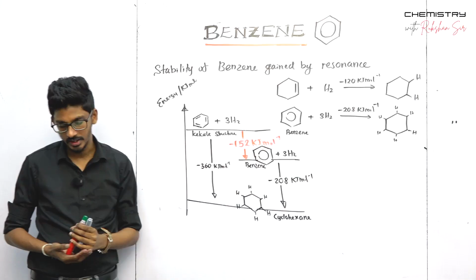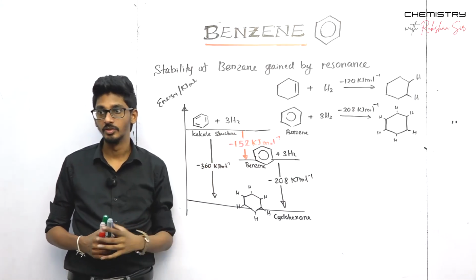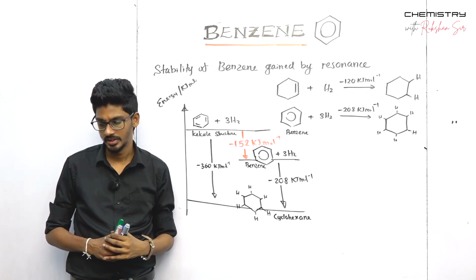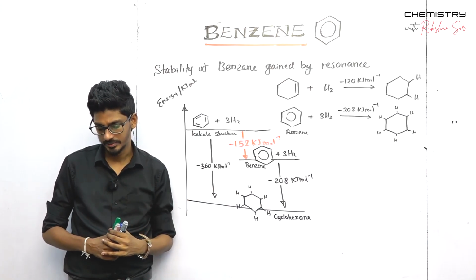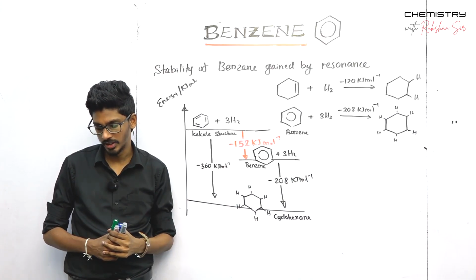The thing is there in your note. Just go to page number 29. At the bottom they said benzene is more stable than its Kekulé structure by an amount equal to 152 kilojoules per mole.